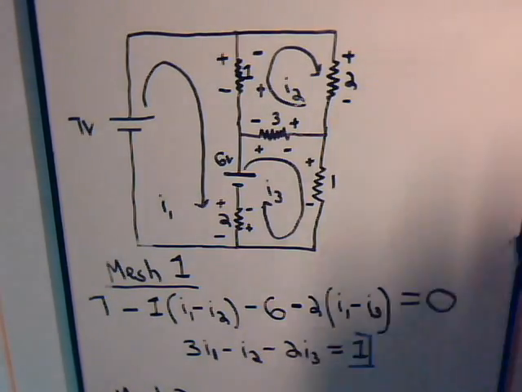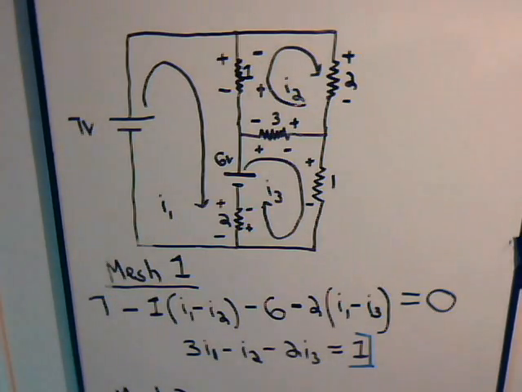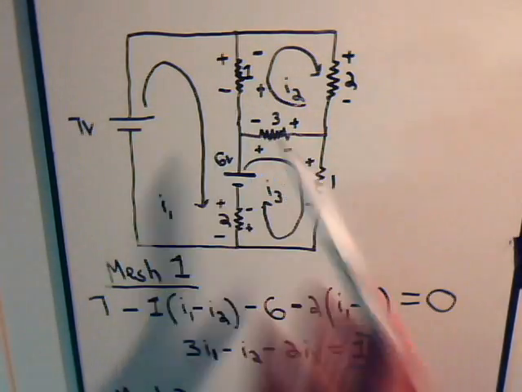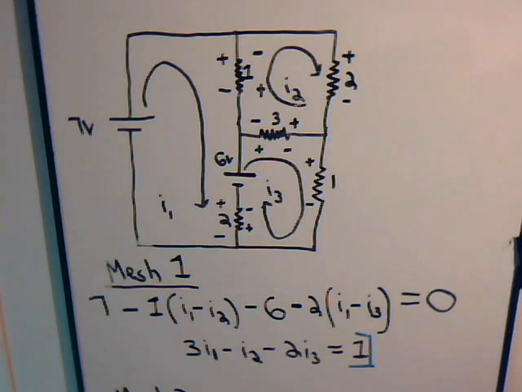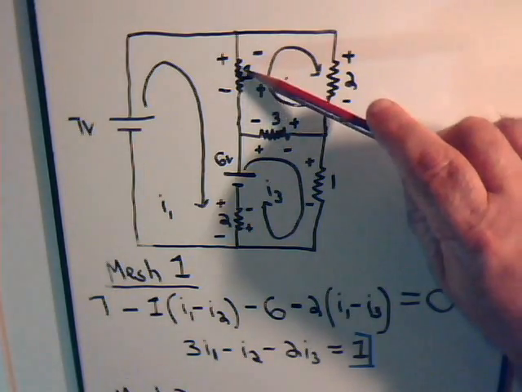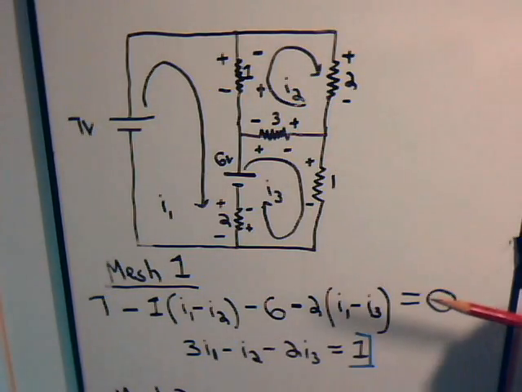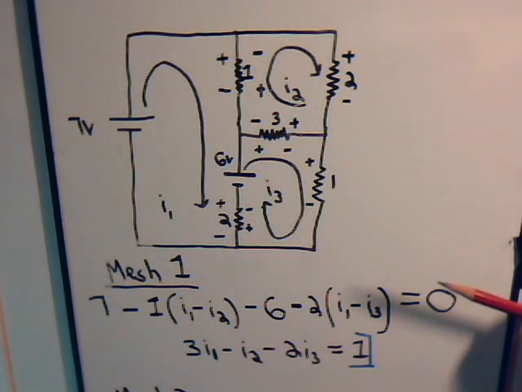So here is the second mesh like this, and we can see, well, now for this current, it goes across plus minus, plus minus, plus minus. So all of these have voltage drops. So all these will be designated with a negative sign.